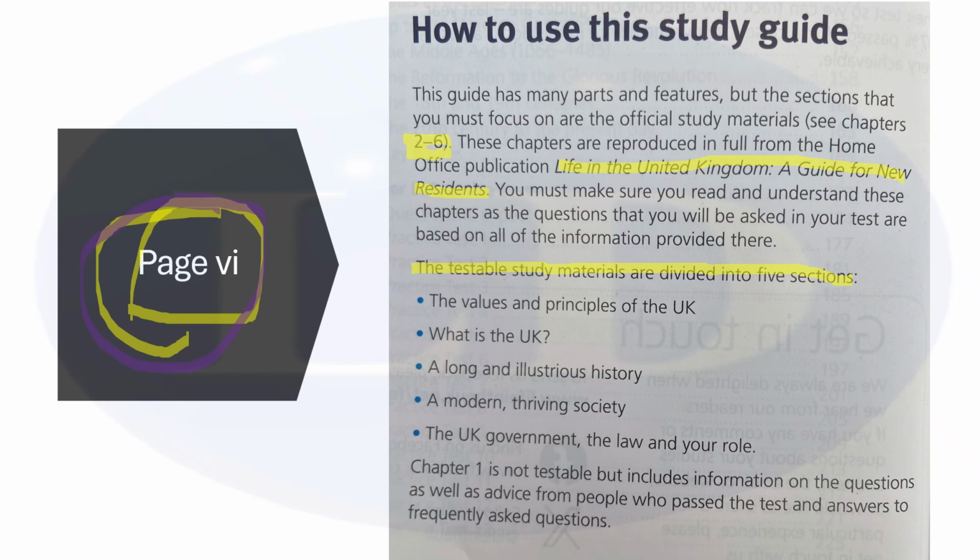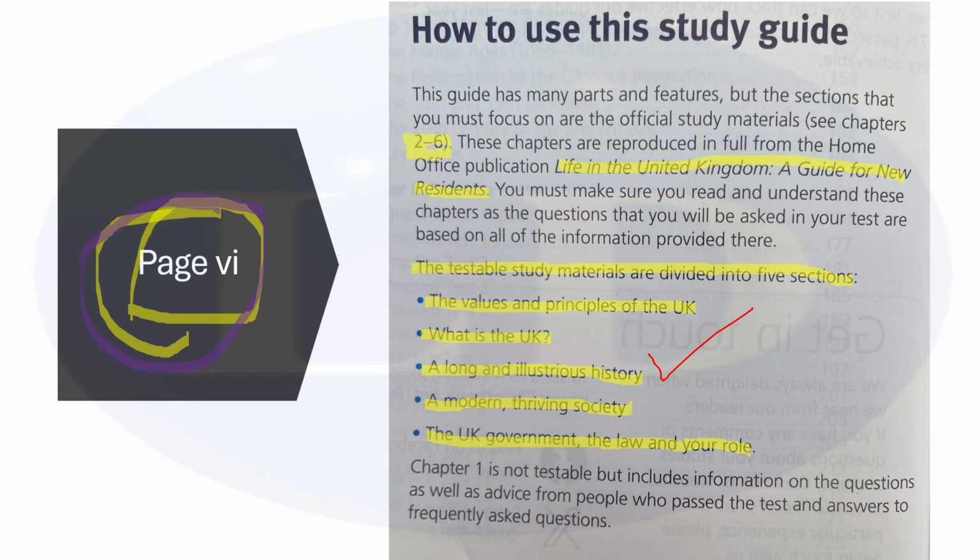So these are the 5 chapters that we have to cover in this course. The values and principles of the UK. What is the UK? A long and illustrious history. A modern thriving society. The UK government, the law, and your role. As you could see, these would be your chapters 2, 3, 4, 5, 6. This one, let me click on that one.